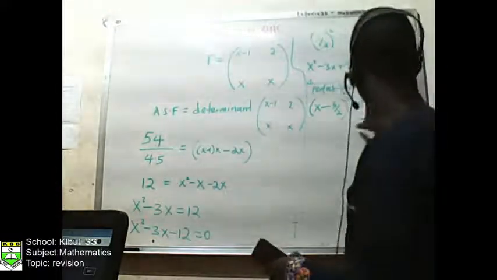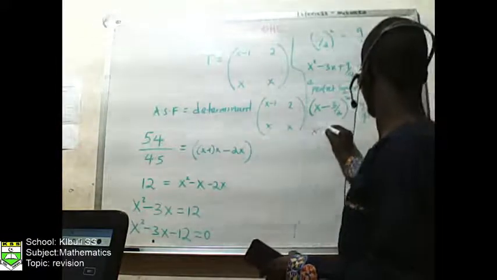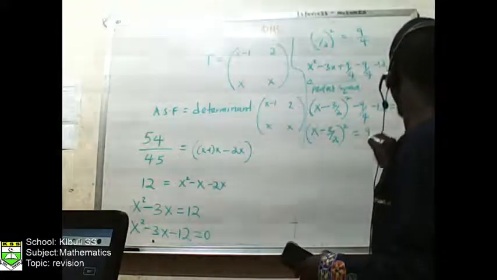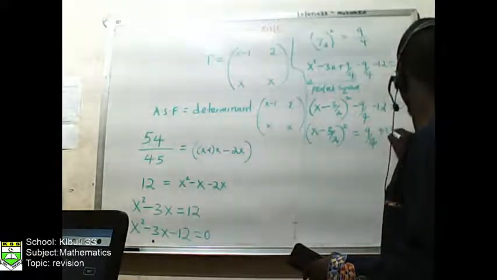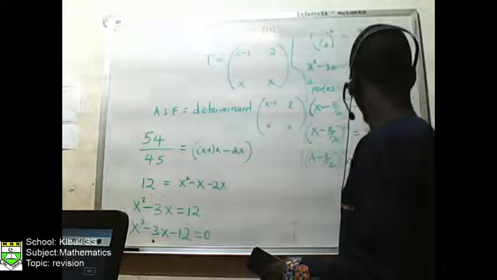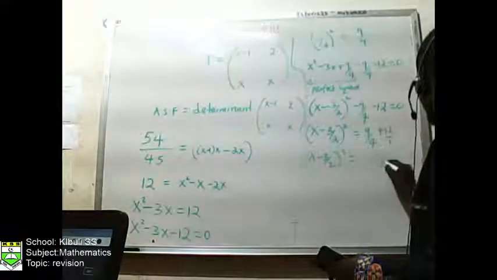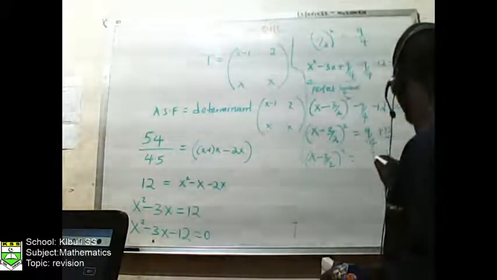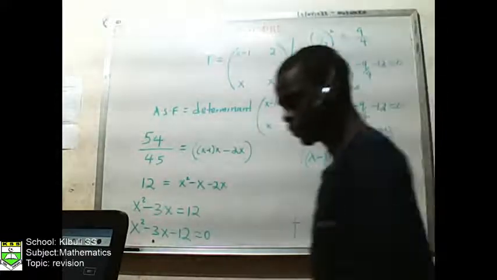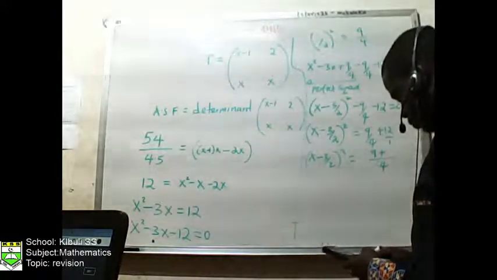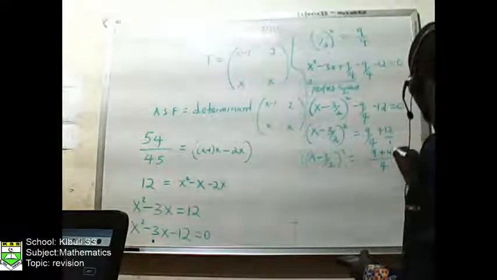Then I'm going to push these ones to the other side. I will come up with x minus 3 over 2 squared is equal to 9 over 4 plus 12. So x minus 3 over 2 squared is equal to, the LCM here is 4. 4 divided by 4 is 1, and 1 times 9 is 9, plus 4 divided by 1 is 4, and 4 times 12, we will get 48.